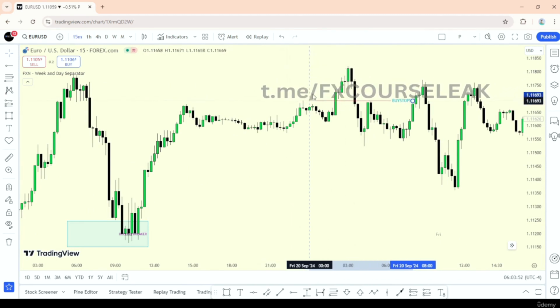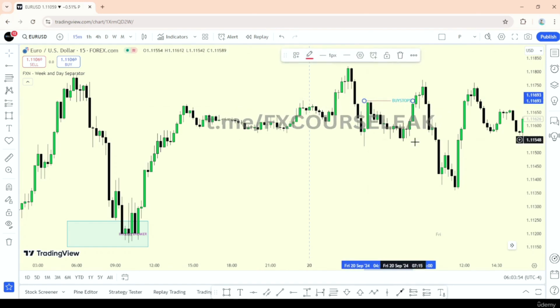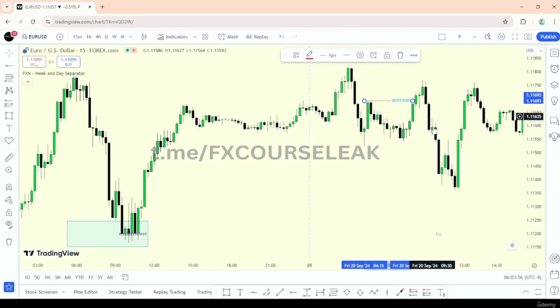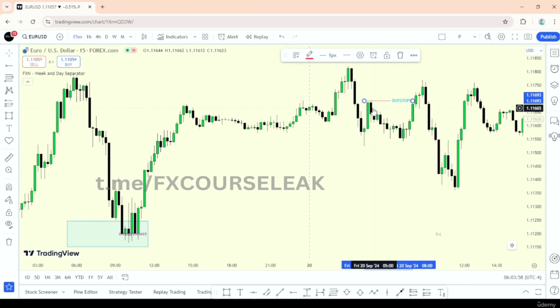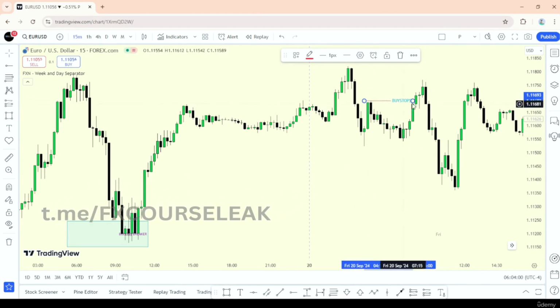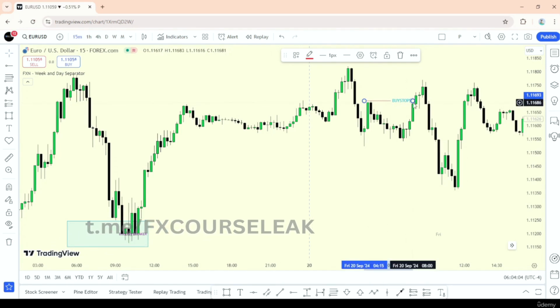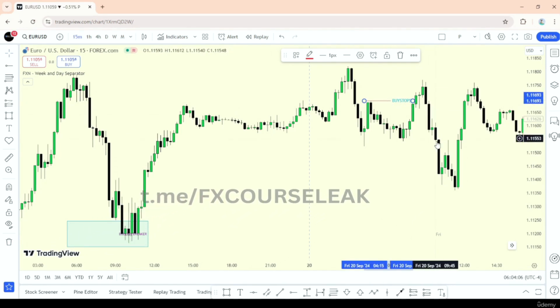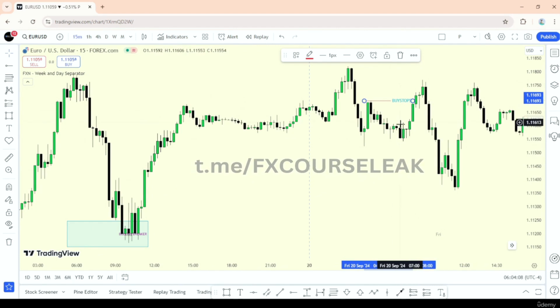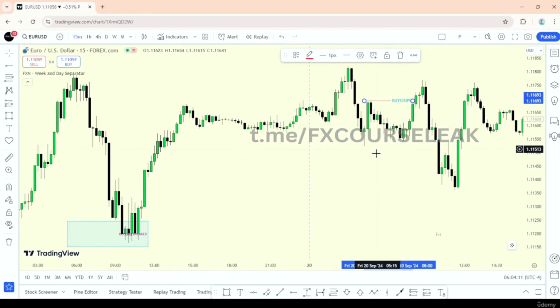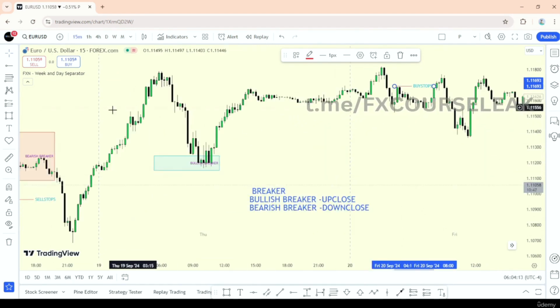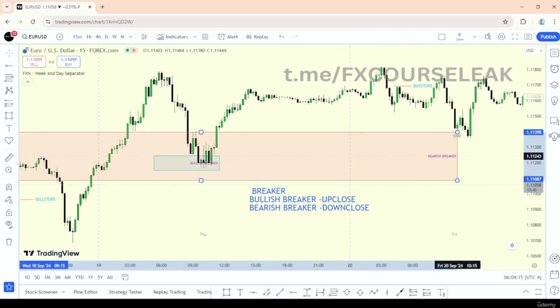Immediately when we ran these buy stops, the market ran further back down towards this low. So that area or zone of buy stops where the market immediately ran down, we have to look out for our bearish breaker. So this is our bearish breaker.